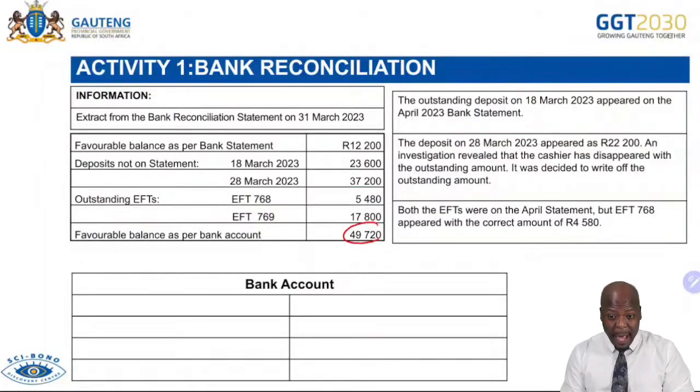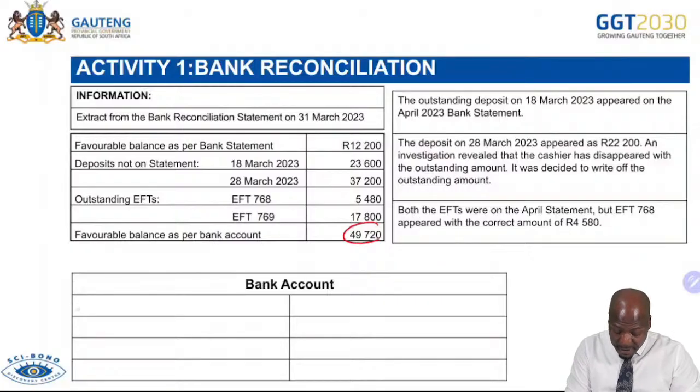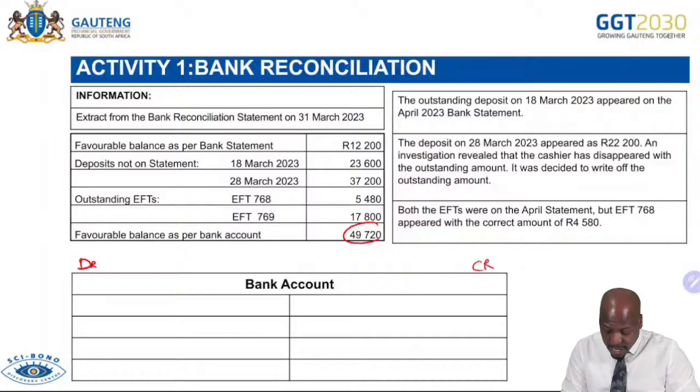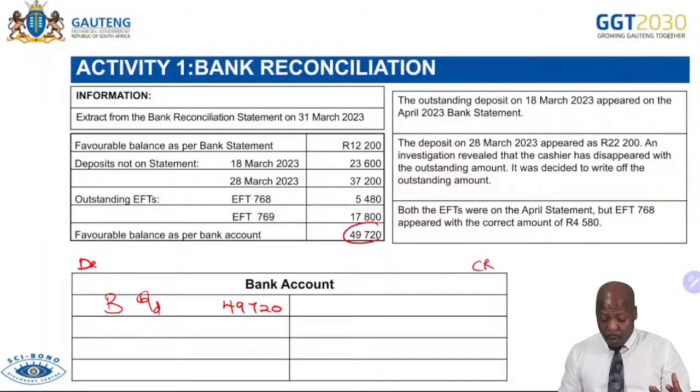Once it is a favorable balance, that means it comes to the debit side. So this is the debit side, and this is the credit side. So if it's a favorable balance, that means it's your balance brought down here, which is your 49,720. Remember, you have several ways of doing this.